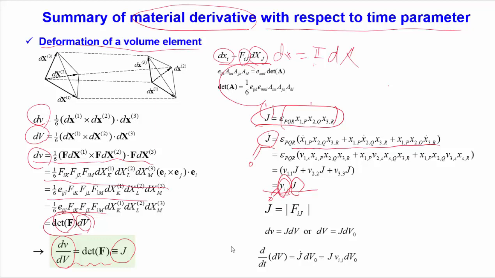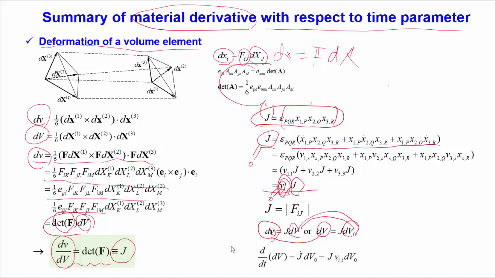From now on, we'll use uppercase V0 for uppercase V and uppercase V for lowercase v to avoid confusion between volume and velocity, which both used the small character v previously.